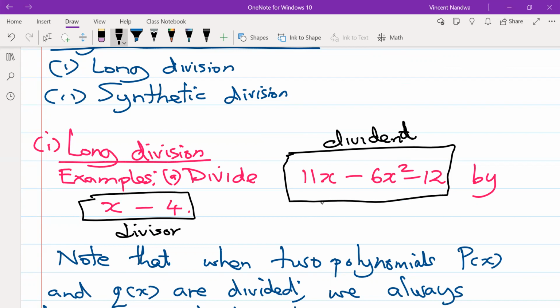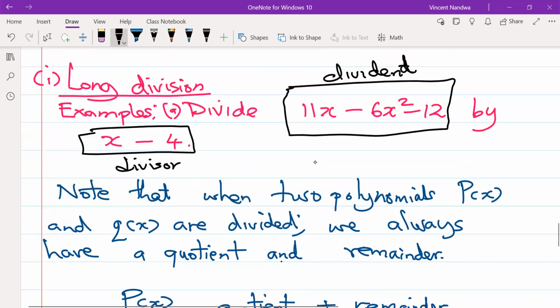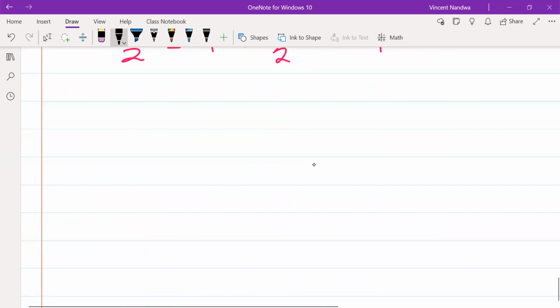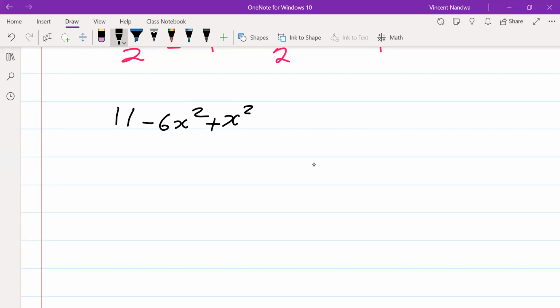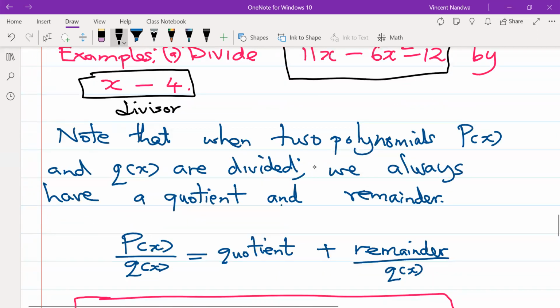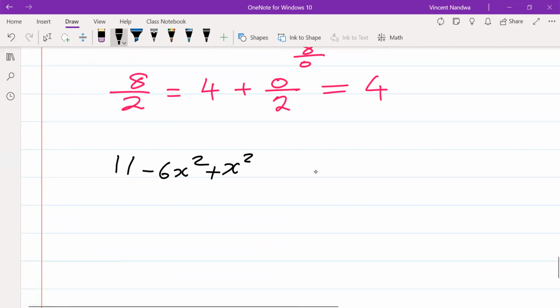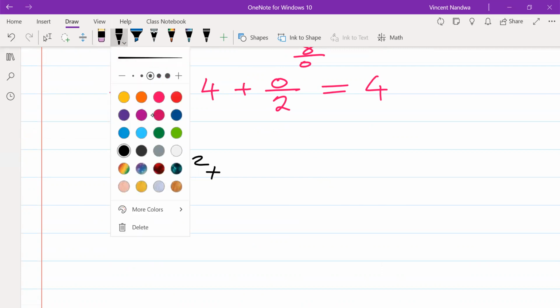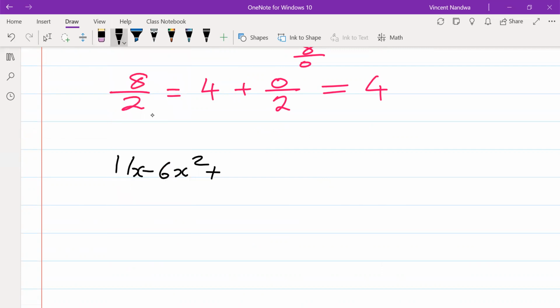That's degree 2. So you rearrange the terms of that dividend such that you start with the term with the highest power. So you'll have minus 6x squared plus 11x minus 12.